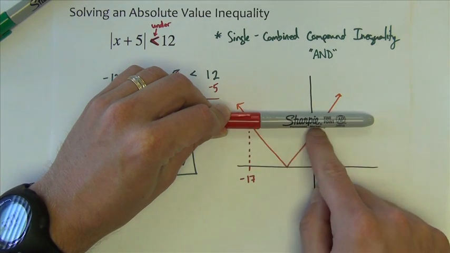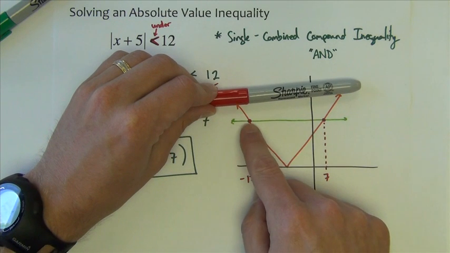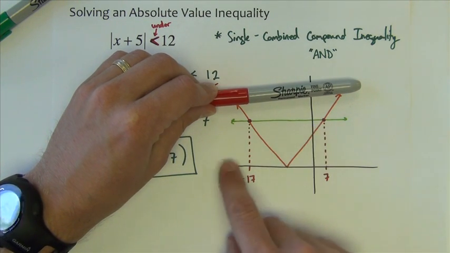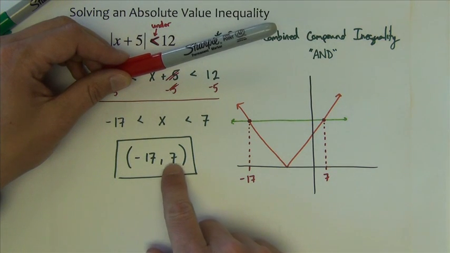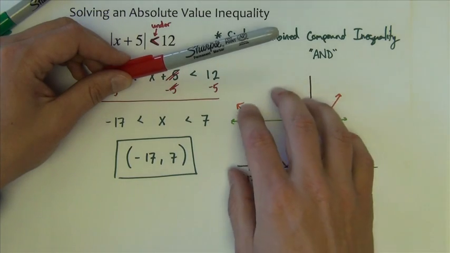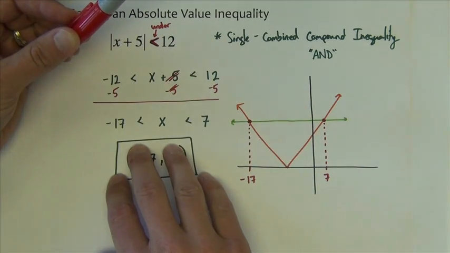Well, where is it beneath the line 12? It's beneath the line 12 everywhere between these two intersection points. Everywhere between negative 17 and 7. So there's the physical graphical interpretation of what we did algebraically.